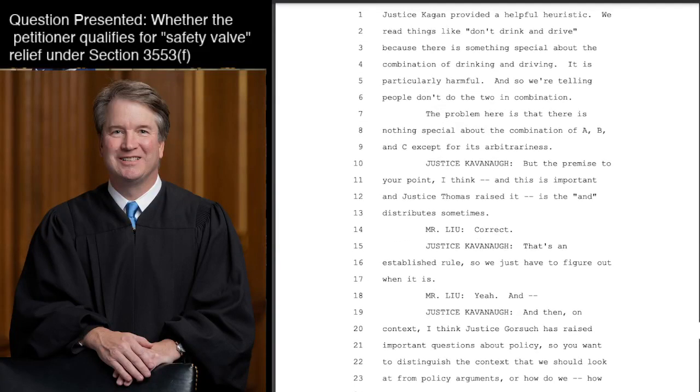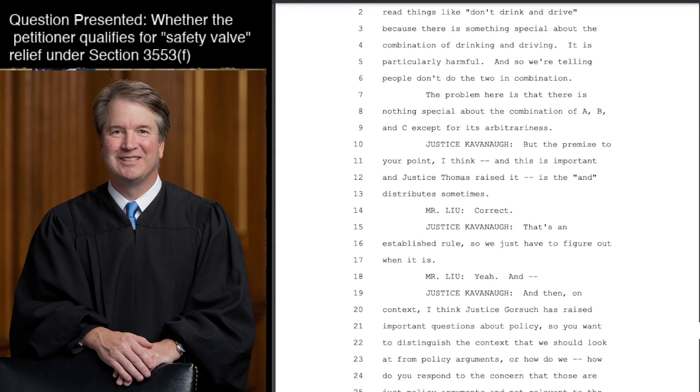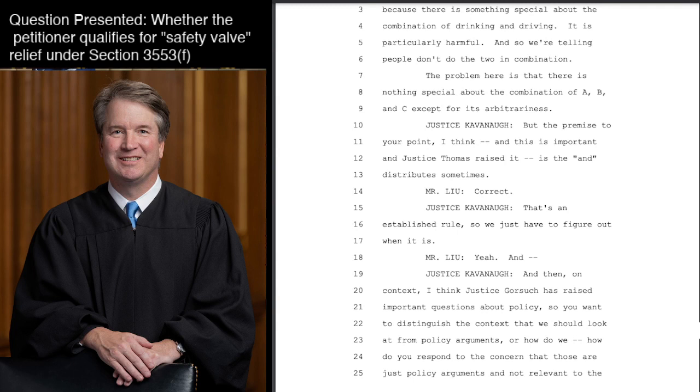We read things like "don't drink and drive" because there is something special about the combination of drinking and driving. It is particularly harmful. And so we're telling people don't do the two in combination. The problem here is that there is nothing special about the combination of A, B, and C except for its arbitrariness. The premise to your point, I think, and this is important, and Justice Thomas raised it, is that "and" distributes sometimes. Correct. That's an established rule. So we just have to figure out when it is.